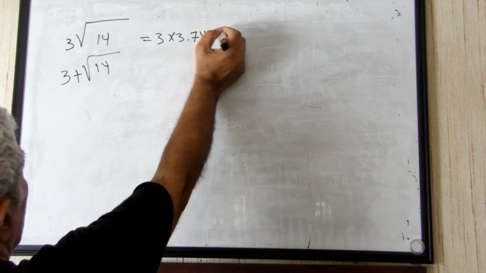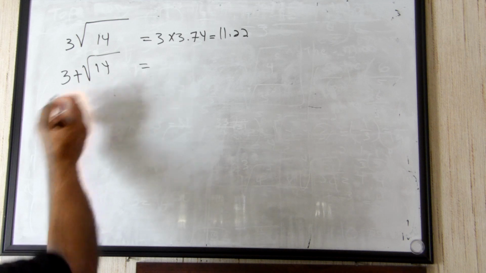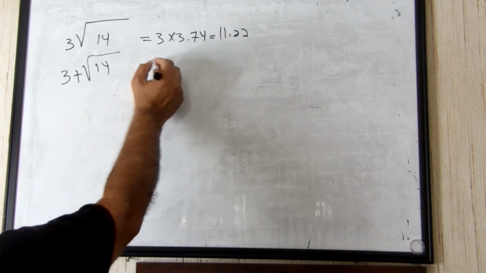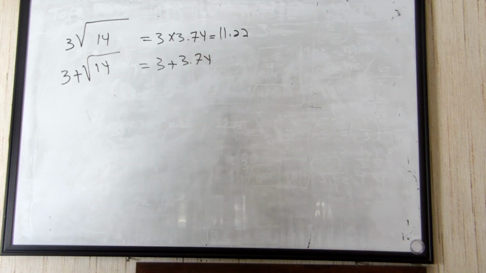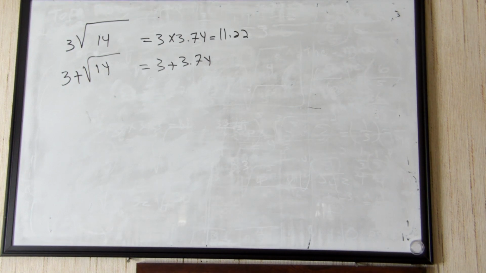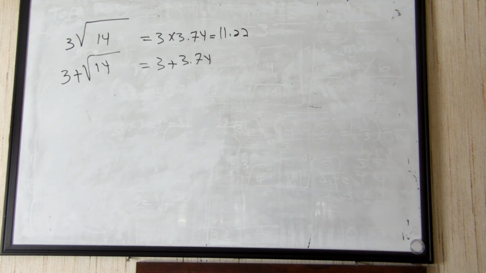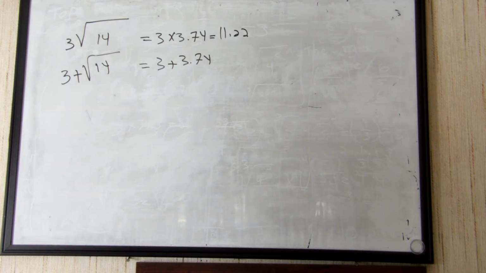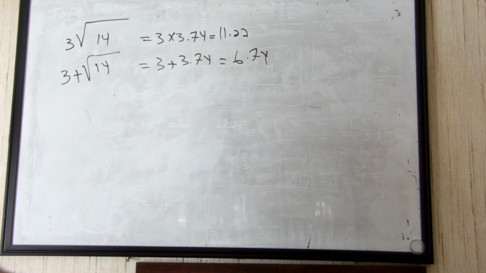So it's going to be 11.22. Double check this. But this one is plus. We say 3 plus 3.74. I rounded to 2 decimal places. So this is going to be 6.74.